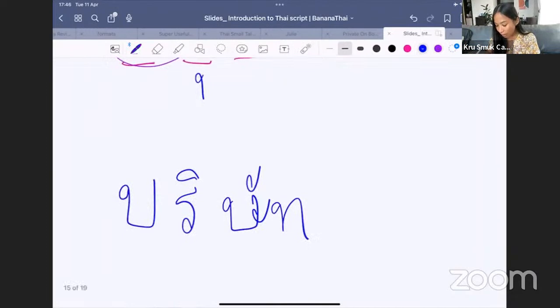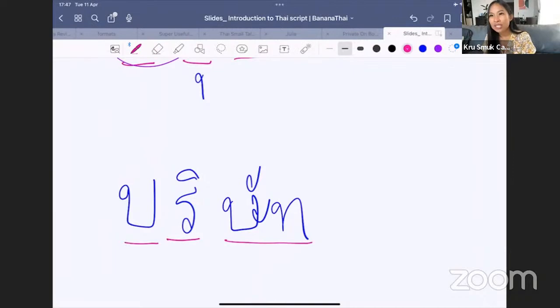Let me show you another one. If it's hidden, it can be a or o. For example, this one, Borisat. This is not sara a, but o. Borisat. So this is a very good example of the hidden sara a and the hidden o sound.